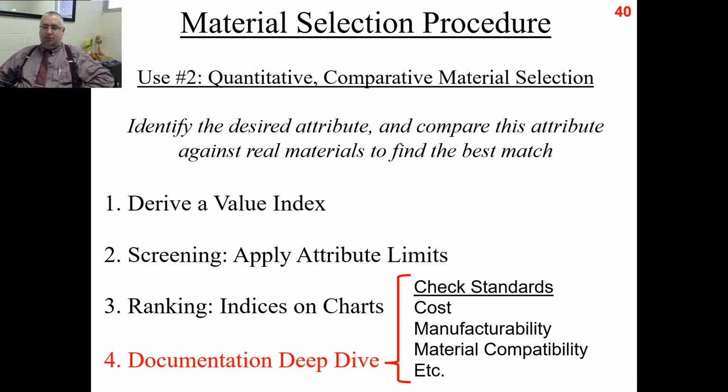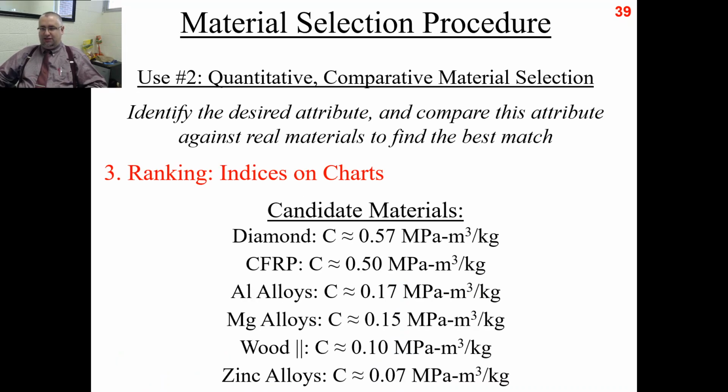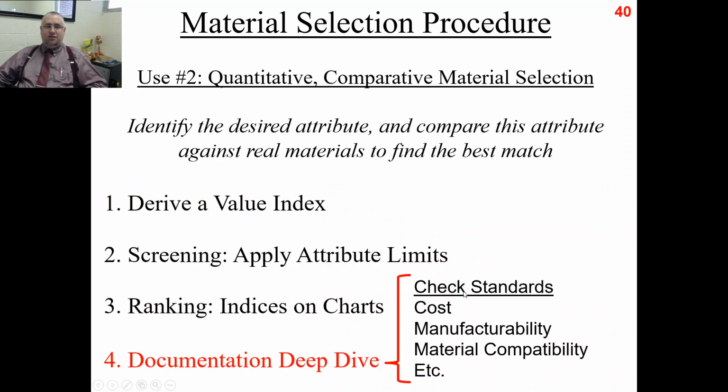And so this is the point where once you have your short list of maybe 5 or 6 materials, you go into the customer needs and go into the standards and start identifying additional attributes that would make those shortlisted selected materials either more favorable or less favorable.